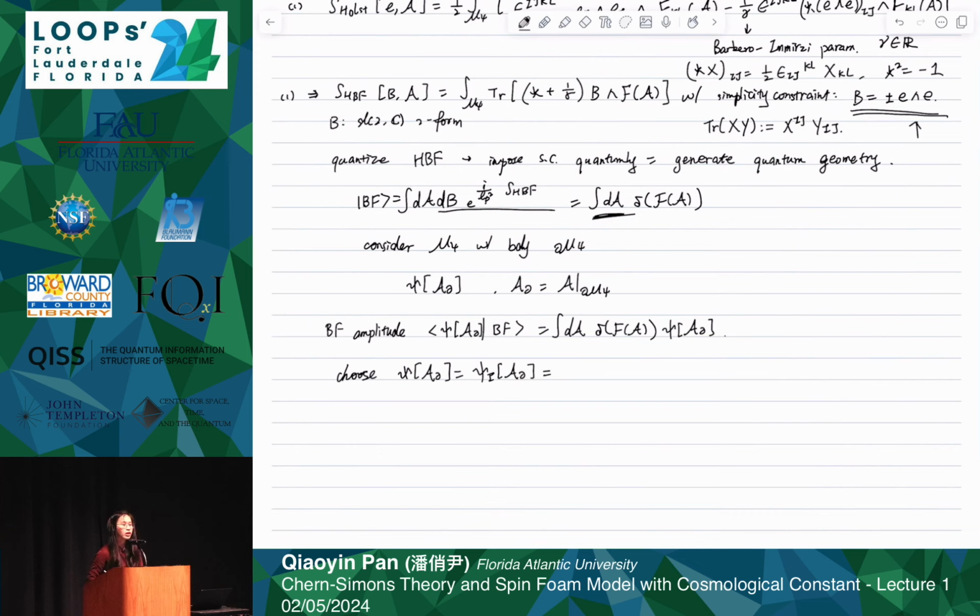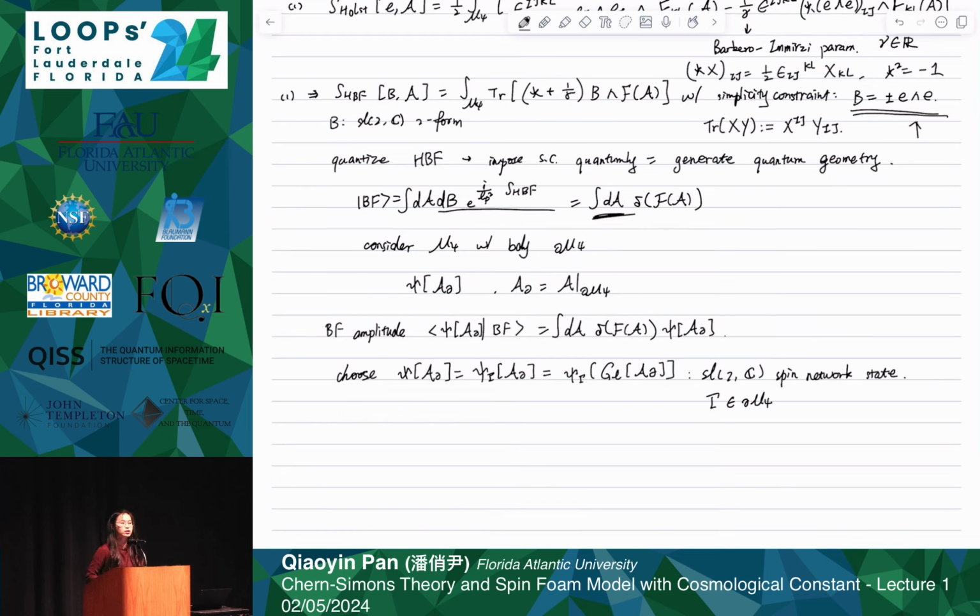And I want this state to be a function of the connection through some holonomy along some loops. And this is what we call the SL(2,C) spin network state. And here the gamma, the graph, is on the boundary of the four-manifold.